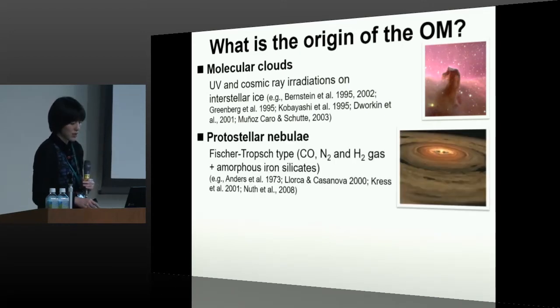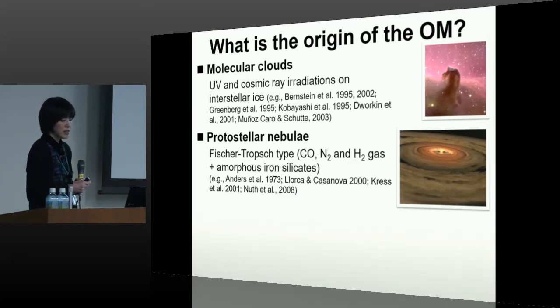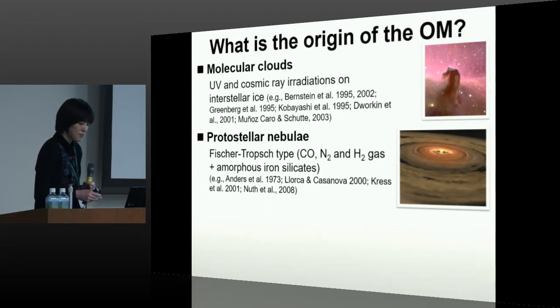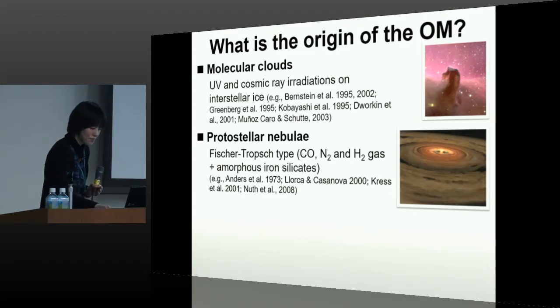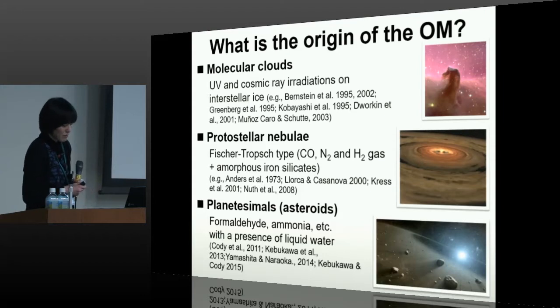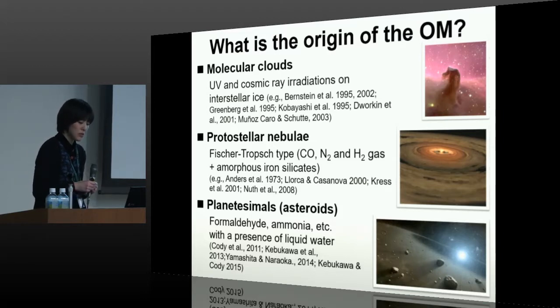And also in the protostellar nebula, so-called Fischer-Tropsch type reactions in gas and solid dust, like silicates or metal dust, can also produce complex macromolecular organic matter. And finally, in the planetesimal phase, especially during aqueous alteration, various complex organic matter can be produced from simple molecules.